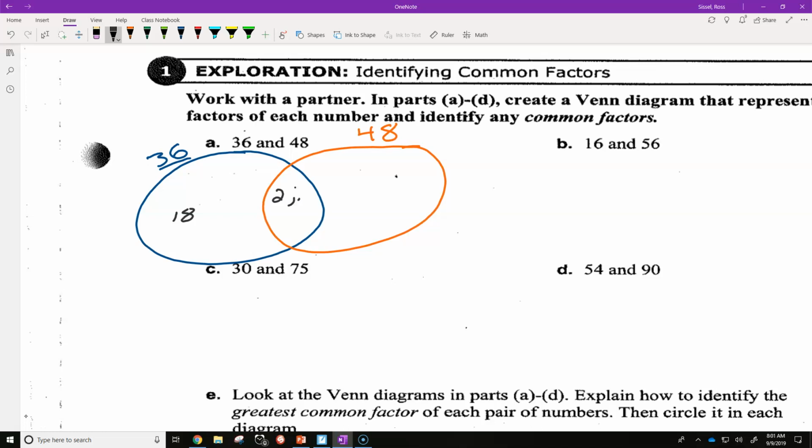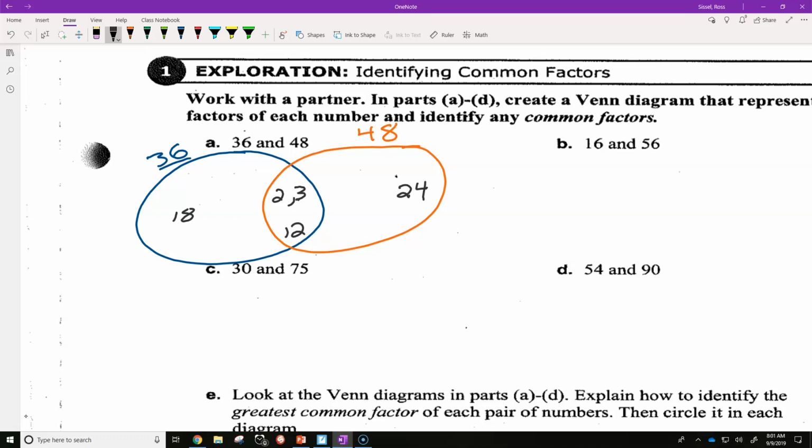It does. So 3 is actually going to be in both. 24 goes into 48. 12 goes into 36. Does 12 go into 48? It does.